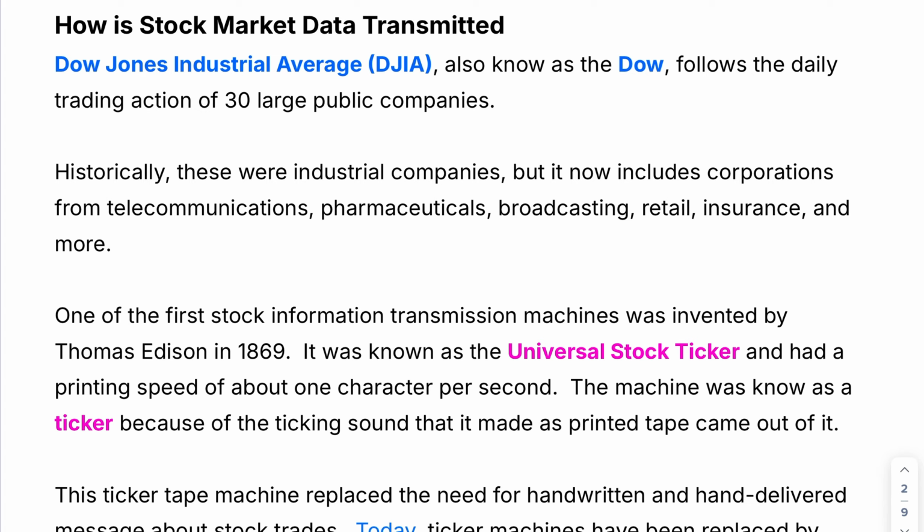Now, historically, these were industrial companies, but now the Dow includes corporations from various industries that have a more significant impact on the economy, including telecommunications, pharmaceuticals, broadcasting, retail, insurance, and more.